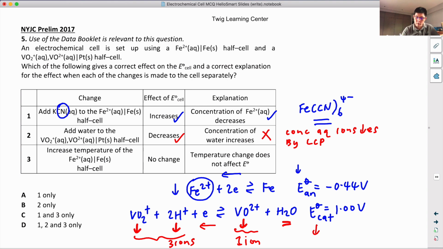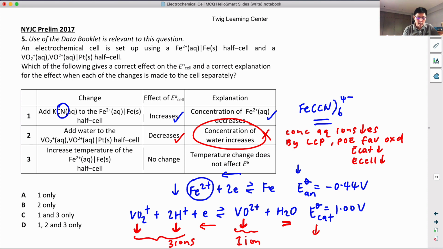So the position of equilibrium will favor oxidation, which means it will favor the backward reaction, because that will produce more aqueous ions, and that will cause E cathode to decrease, and then E cell to also decrease. But the idea is not because the concentration of water increases, but because the concentration of aqueous ions decreases.